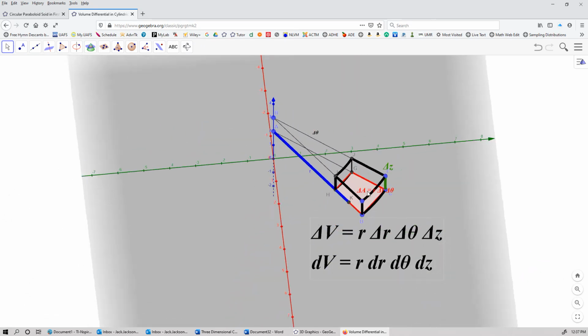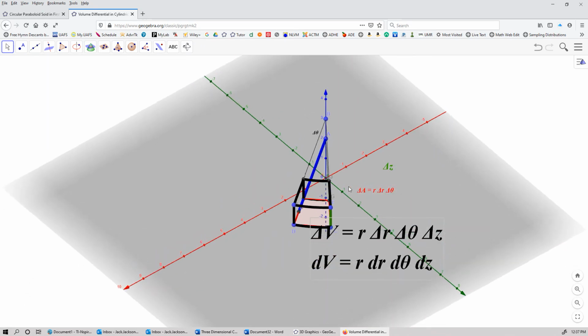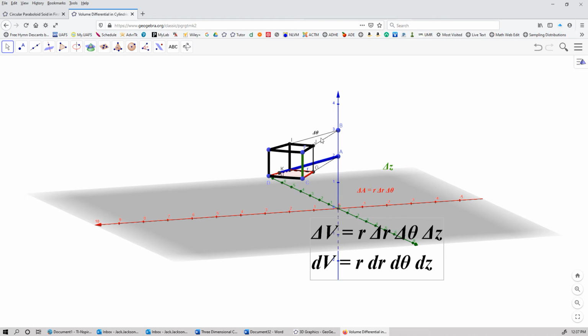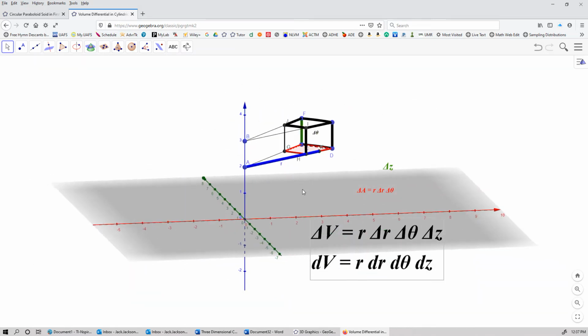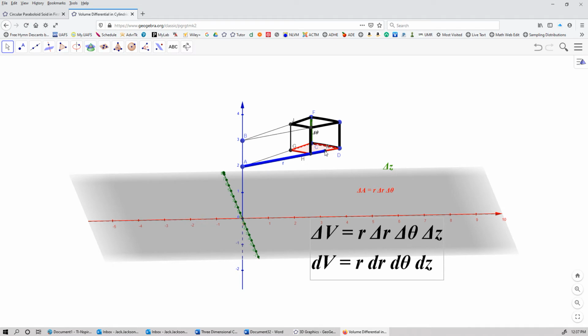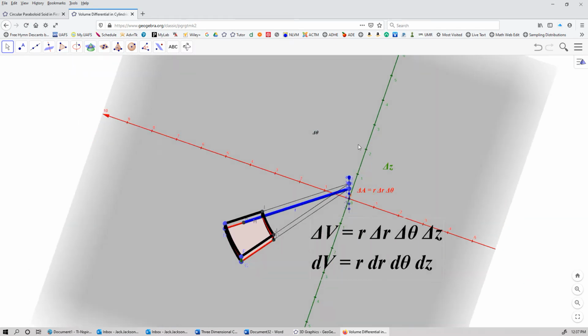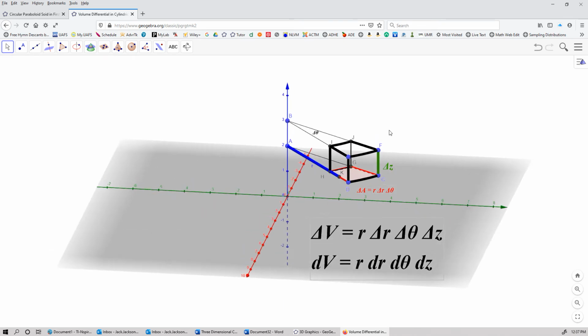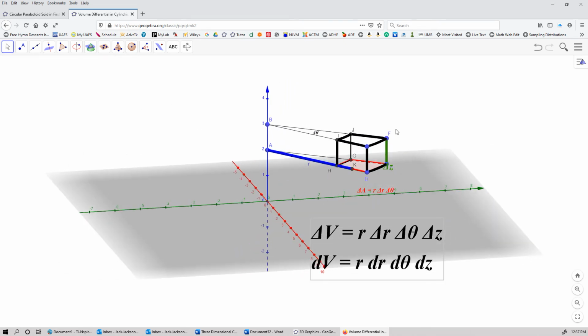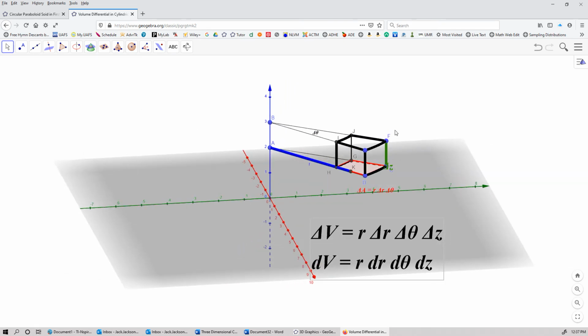And so you can kind of get an idea of what that looks like. Delta theta is this angle right here. Delta z is the height, this green length. And then r is the blue length out to the middle of this thing. So there we have that.